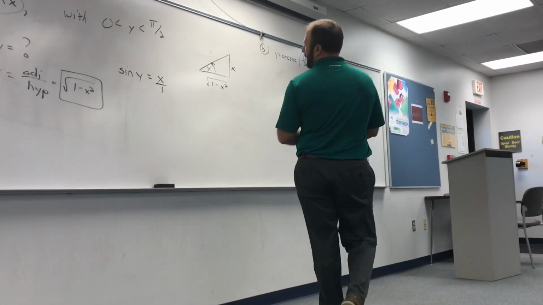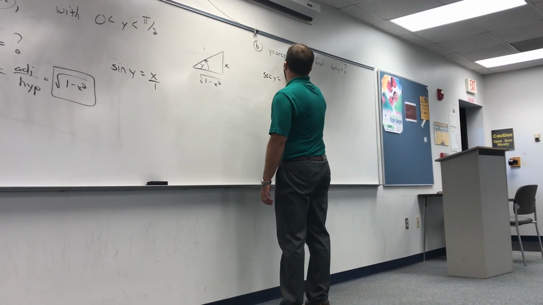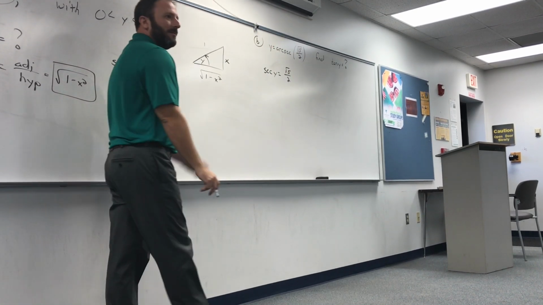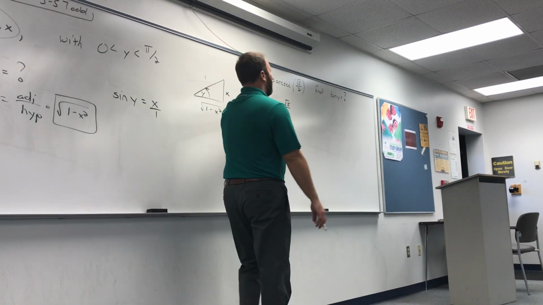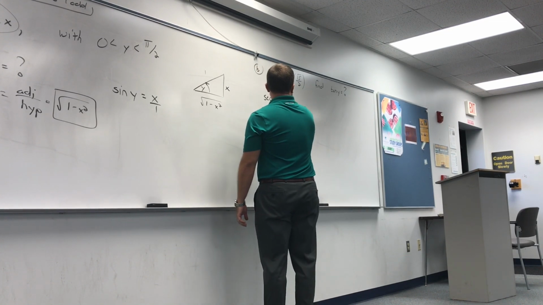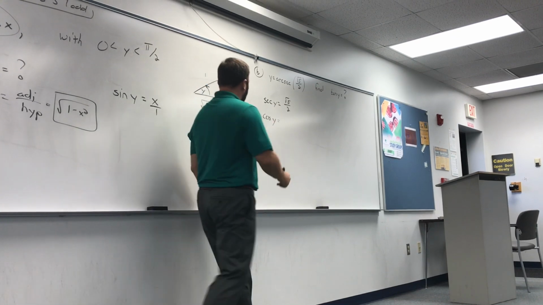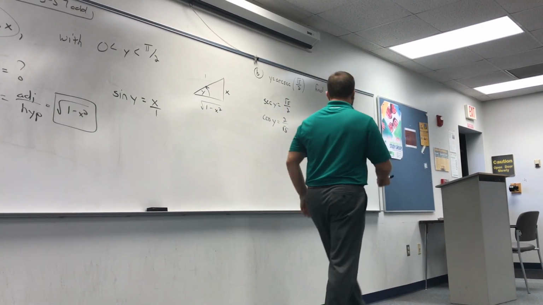So this would be the same as saying secant of y equals root 5 over 2. I mean, I'm good with SOHCAHTOA, but secant, I don't know what secant is off the top of my head. So let's write this in terms of cosine. So if secant of y is root 5 over 2, what would cosine of y be? 2 over root 5. That's going to work. That's really all that we need to get started here.